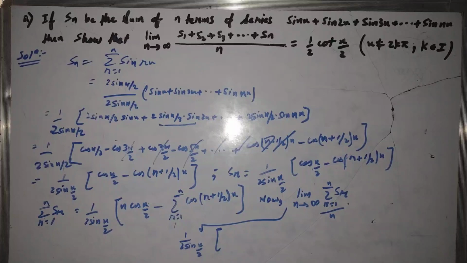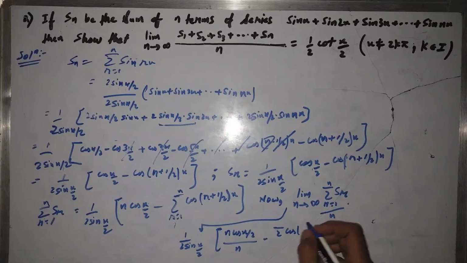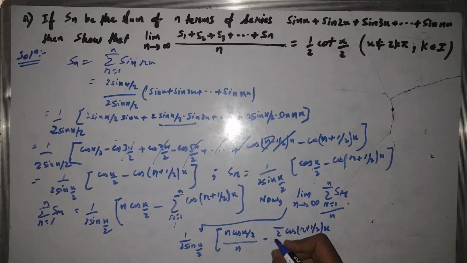So this is n times cos x by 2, divided by n, minus the summation of cos of r plus half x, r equals 1 to n, divided by this n.